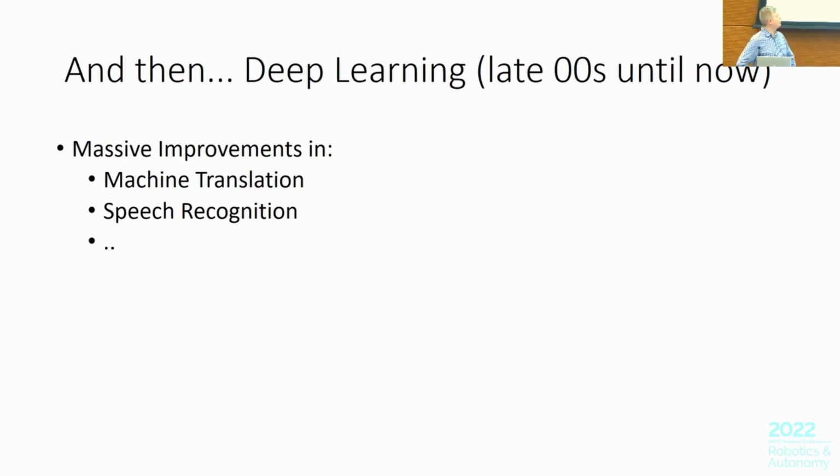And actually they improved so much that the tool became useful. I mean, you use Google Translate and translation everywhere. Speech recognition is everywhere. Speech recognition is pretty close to what a human can do. And machine translation is pretty good quality, even for languages that are pretty far apart.